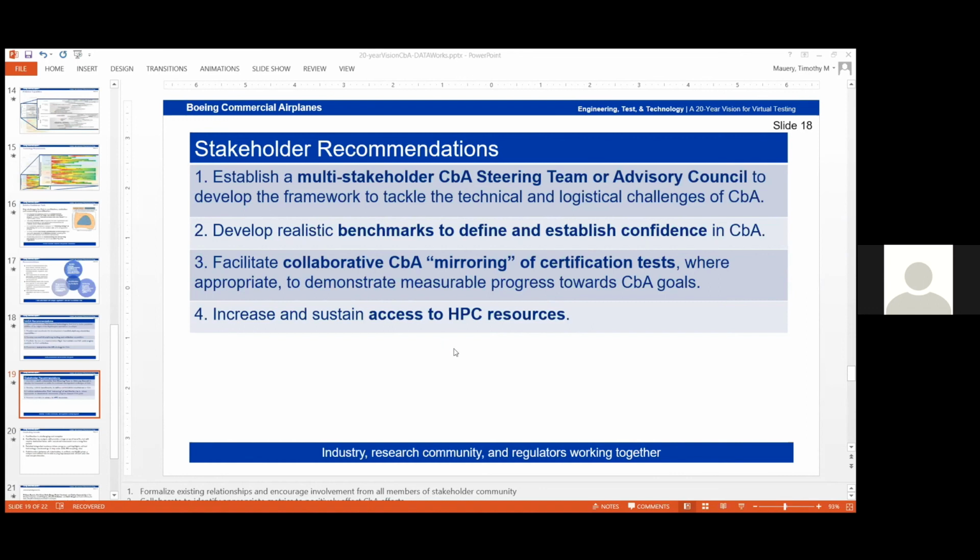And finally, certification by analysis will require orders of magnitude greater resources in HPC. And NASA and the Department of Energy, they've got some really cutting edge computing facilities, and maybe we can use those to develop the processes, or we can use those to accelerate the technology development.